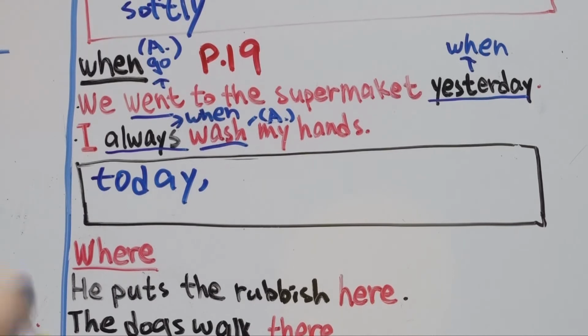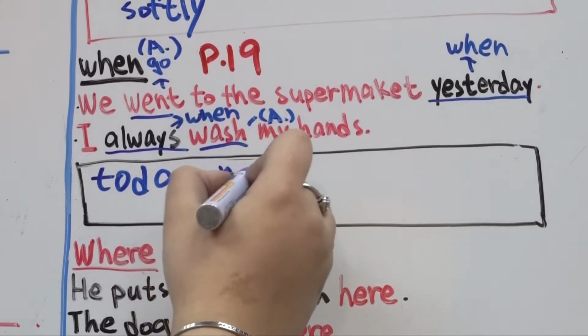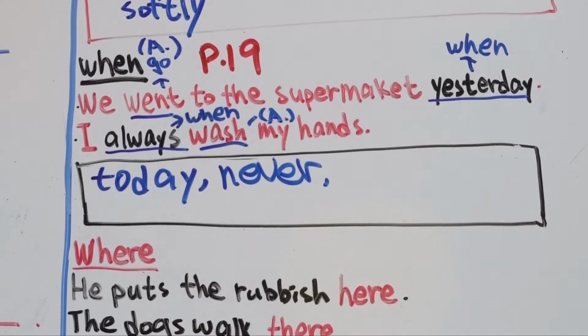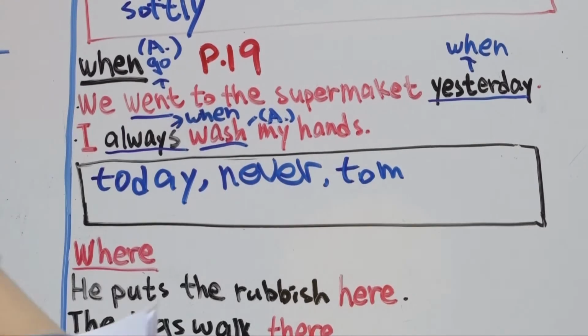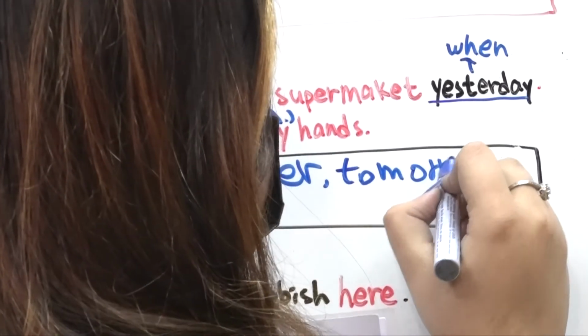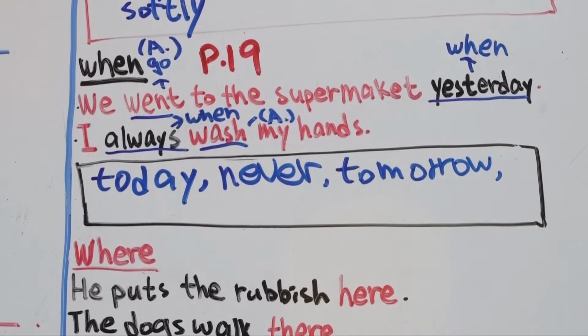I always wash my hands. The opposite of always is never. Right? What else? What is the day after today? If today is past, then it will be tomorrow. Tomorrow is also an adverb because it tells you the time when this action happened. Tomorrow, right? What else?